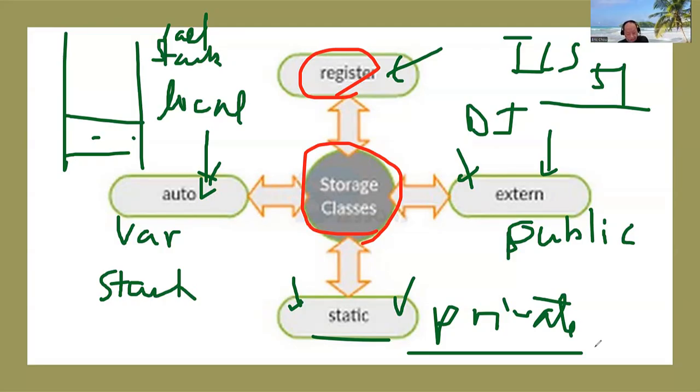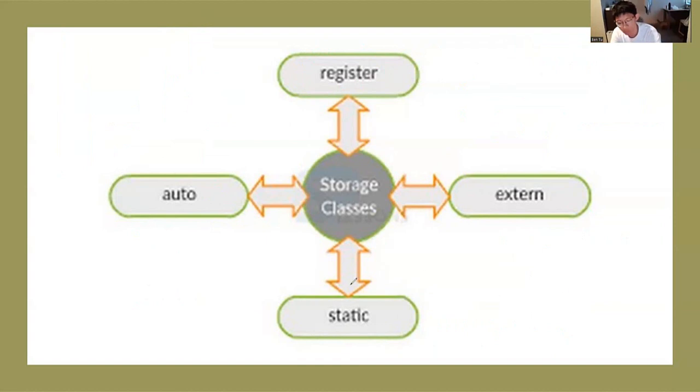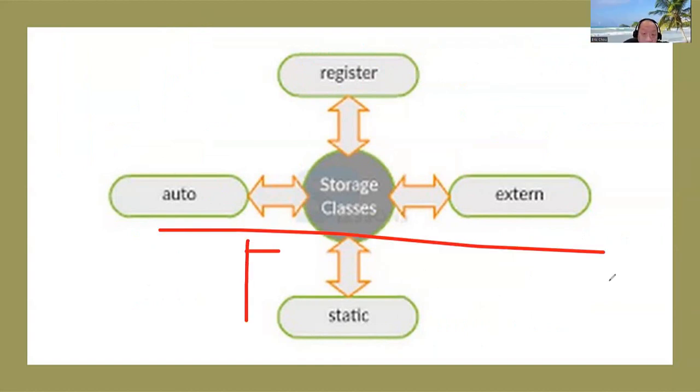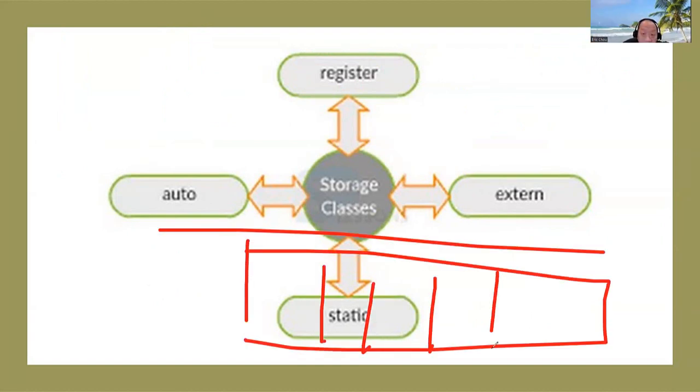But where is the register? Jessica, where is the register? I'm not really sure. The register is in the CPU. Oh, so you do have a memory bank, DRAM. Okay.